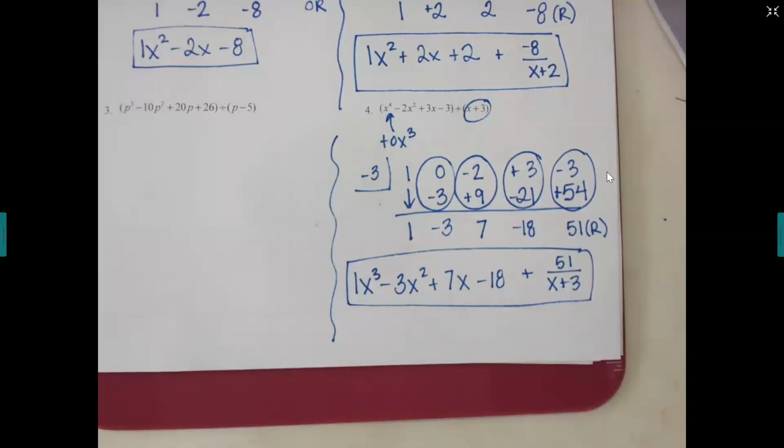Oh, and this is the no shortcut. Just remember, once you sign, it's a minus, so you have to switch it to plus. So that'll then be a 28.